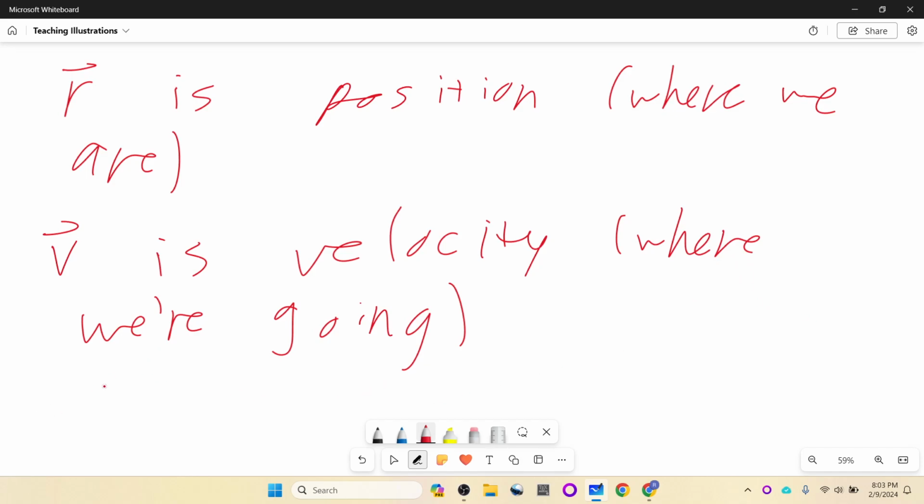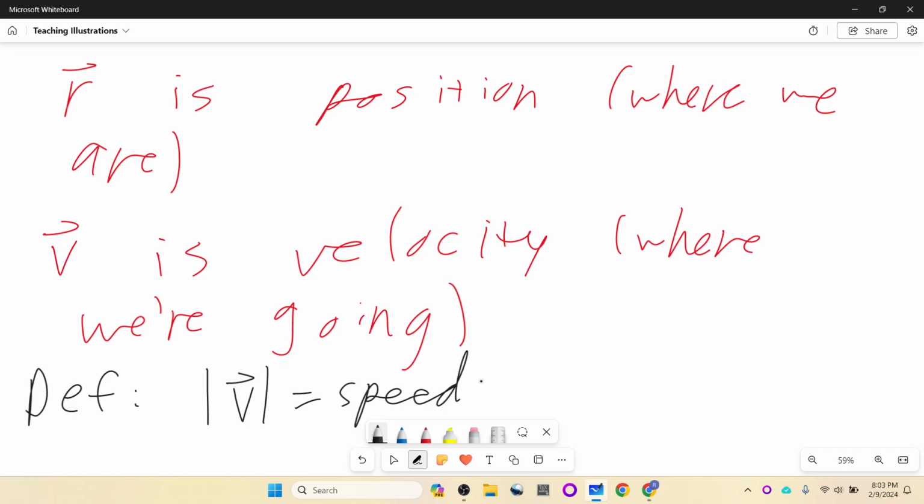But I want to make one quick definition here, and it should be in the notes later, but if it's not, let's say it now. Absolute value of v is called speed. Velocity is a vector, speed is a scalar.